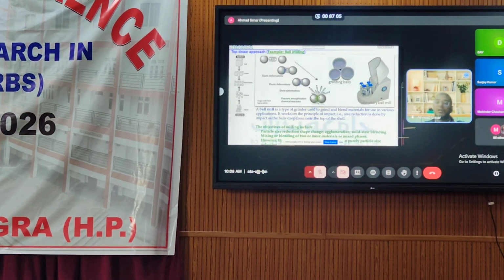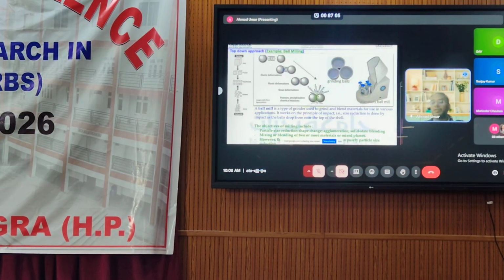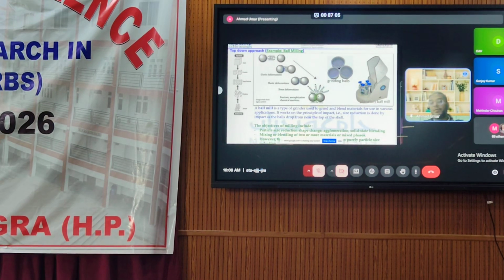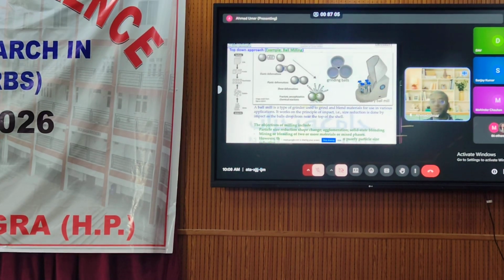So you put your material in the ball mill and grind it until the size reaches the limit. In ball milling you have grinding balls of different sizes. If you want to make very fine material at nano size, then you need to choose the smaller balls.